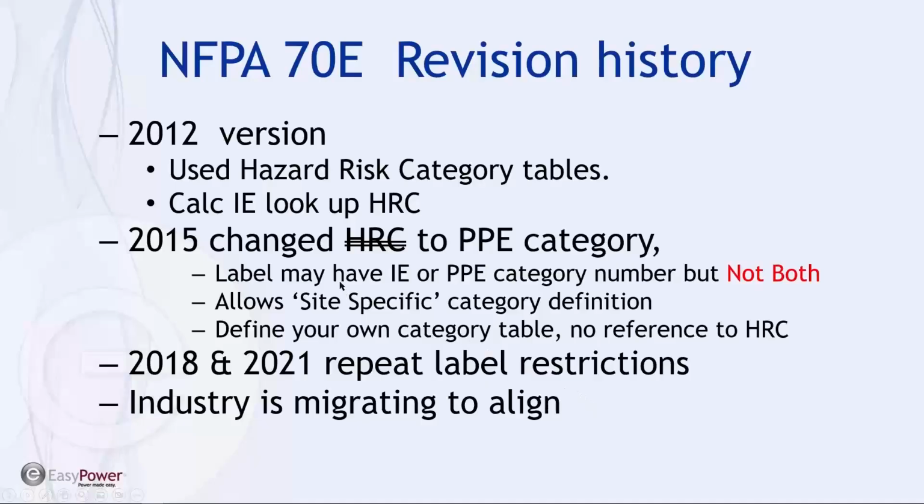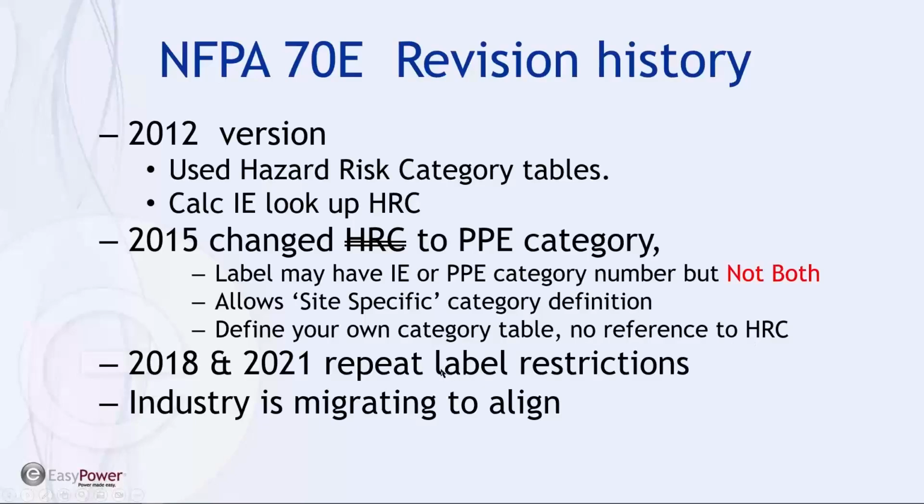And so in 2015, it changed so that the PPE can be determined by incident energy calculation or a lookup table, but not both. And there's still some wiggle room for people that want to define their own category table, just don't refer to it as the HRC nomenclature.